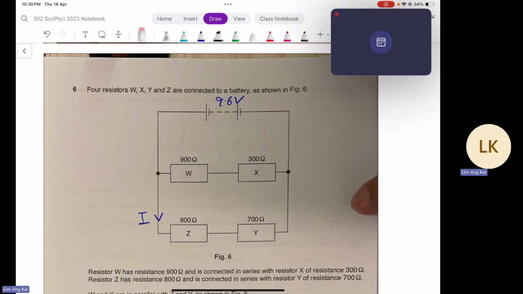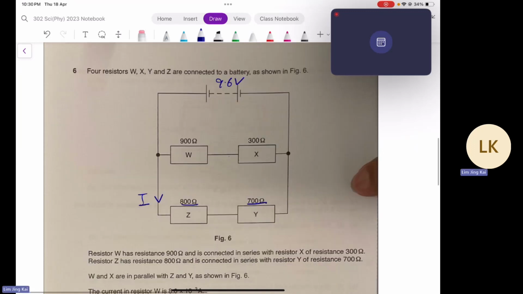If you look carefully, we have this last branch over here, where the two resistors are there, 800 ohm and 700 ohm are in series in this particular branch, and knowing that the potential difference across the series circuit is actually the sum of the individual potential difference in that whole line of components.